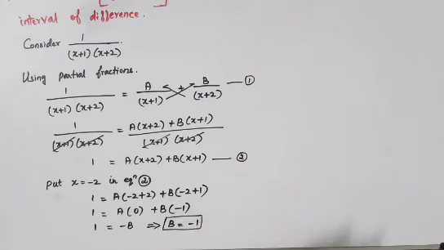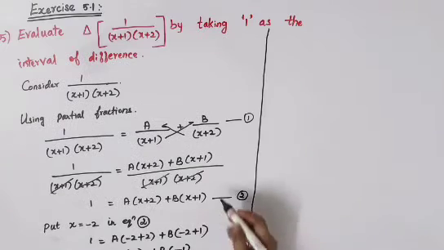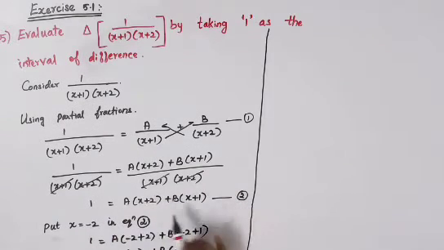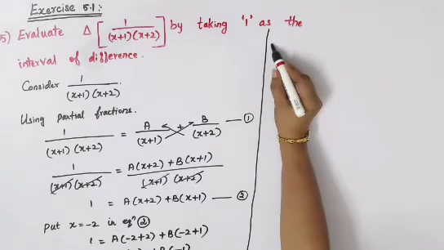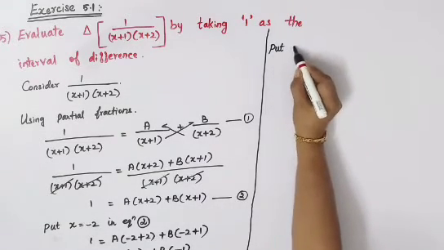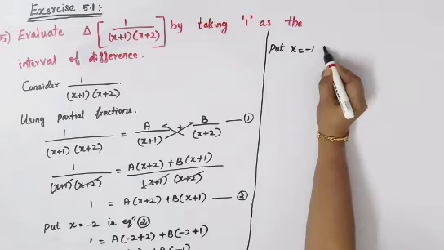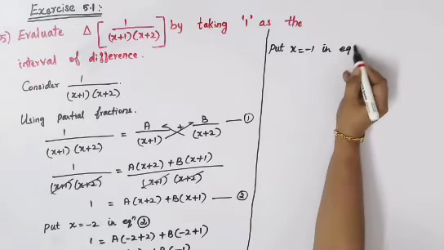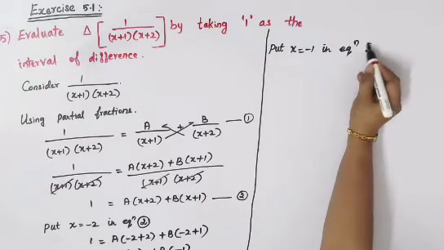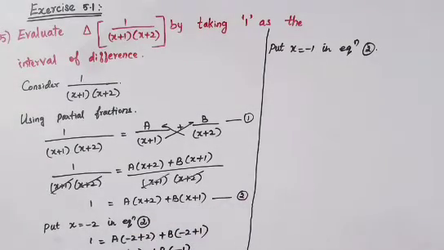So we have got the value of b, now we'll have to find a. So again get back to your equation 2. Now your first part is over. Your second term is x plus 1, so the additive inverse of plus 1 will be minus 1. So put x is equal to minus 1 in equation 2. Wherever x is there in your equation 2, you will have to give minus 1.